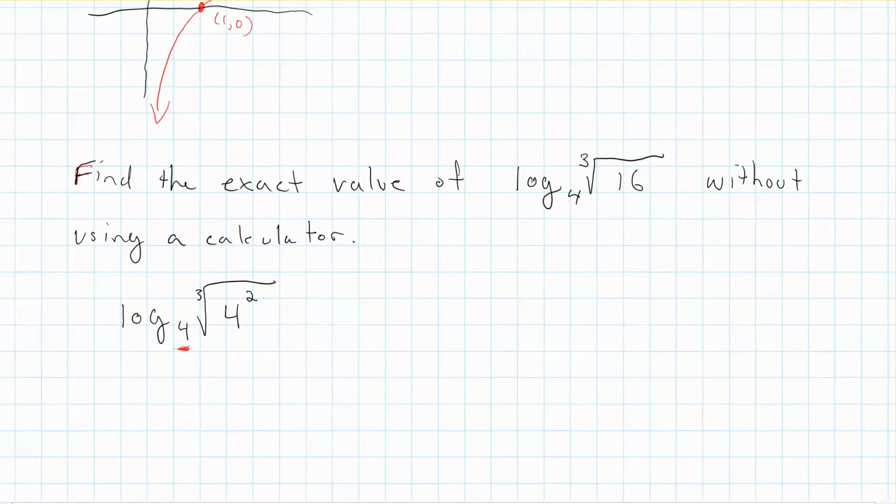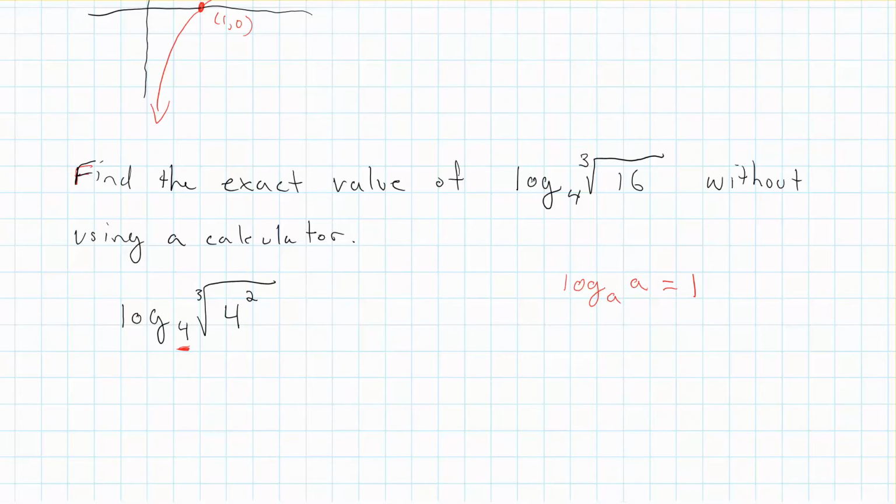And remembering that logarithms give us exponents, and from the previous introduction videos on logarithms, if you have the log base a of a, this is equal to 1. So if you had the log base 4 of just 4, that would just be equal to 1.